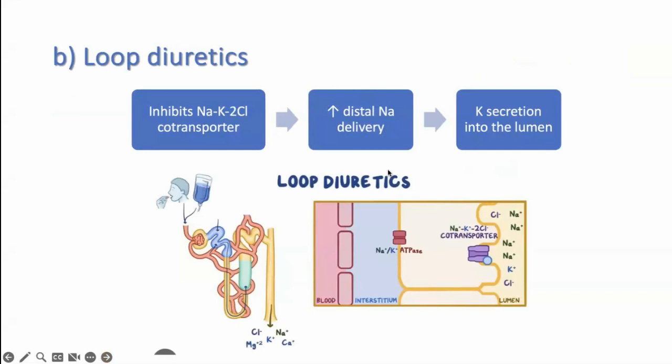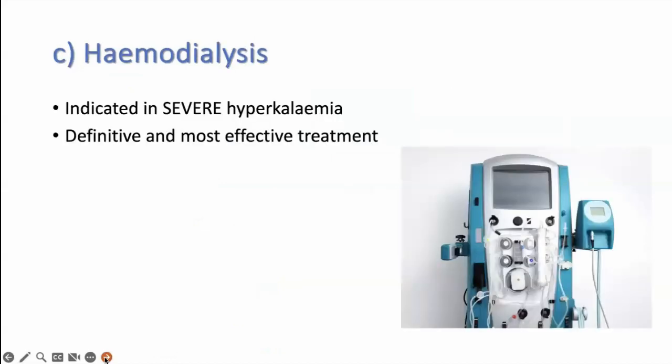Evidence for the use of this in acute management of hyperkalemia is very lacking, so this is only suggested as an adjunct. Be very, very careful to note the known adverse effects of loop diuretics: ototoxicity, hypotension, a lot of electrolyte imbalances like hyponatremia, and then obviously your hypersensitivity reactions. So again, an adjunct, not a definitive treatment method. Okay, you can go next.